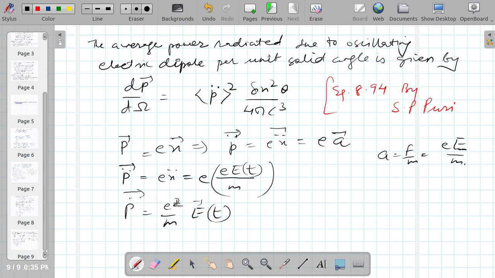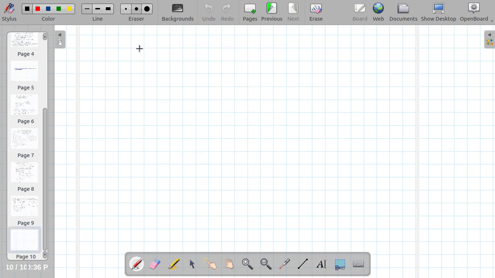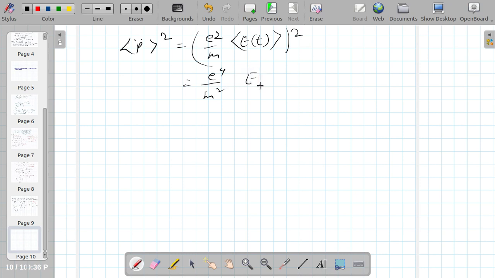Now I have to find out the average value of the dipole moment. For that I have to find out its square. That means e squared by m, its whole square, so it is e to the 4 over m squared E naught cos omega t squared.